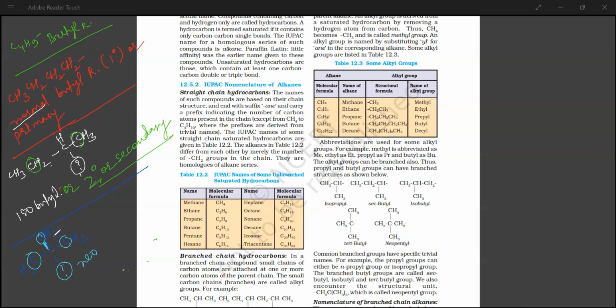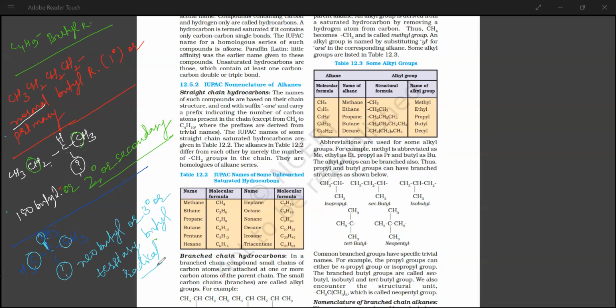This is 1, 2, 3, 4. Fine. This is neobutyl or 3 degree or tertiary butyl radical. So in this way, butyls can have primary, secondary, and tertiary, all the 3. Normal, iso, and neo, all the 3 types of radicals.